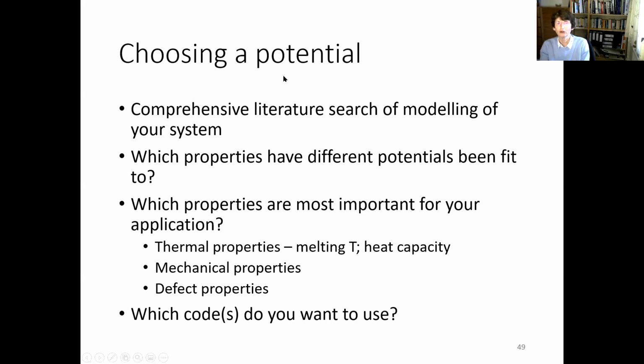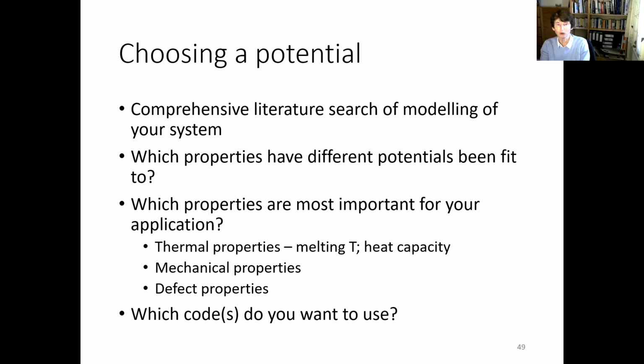You probably want to try and avoid refitting a potential, but you may want to be able to do some tweaking of a pre-existing potential in order to fit more what you're trying to do. So which properties do you want to model, and which properties have the different potentials been fit to? You have to be aware that they've been fit to certain properties and, as I said in the beginning, they may not be appropriate for properties too far away from these.